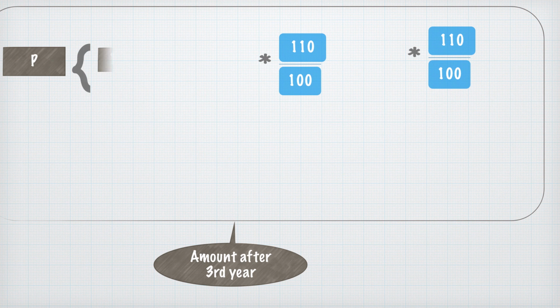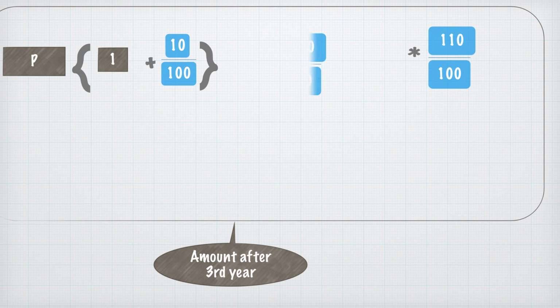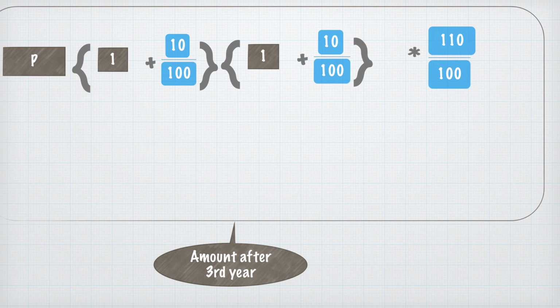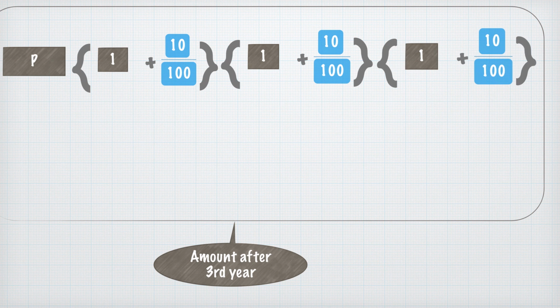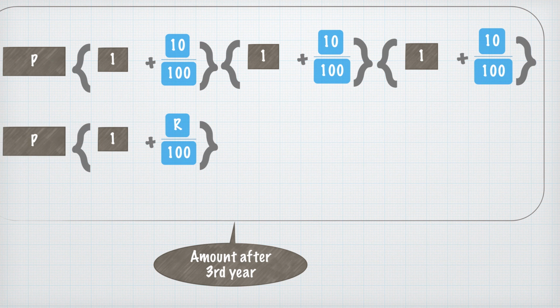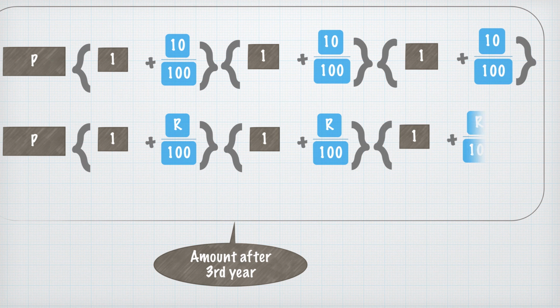Let's split that 110 upon 100 back into the way we started off a couple of minutes back in the formula, and that will become 1 plus 10 upon 100, right? So each of them can be further expanded into 1 plus 10 upon 100. So I can see that my formula for amount would be P into 1 plus 10 upon 100 raised to 3. Instead of 10, can I call it R now because we want to come to a formula?